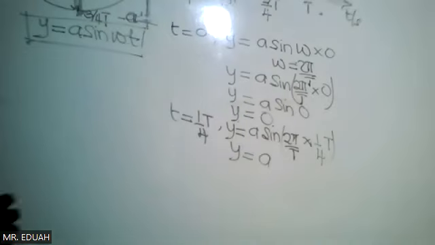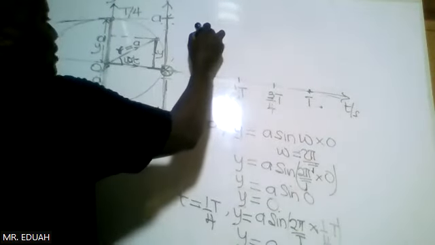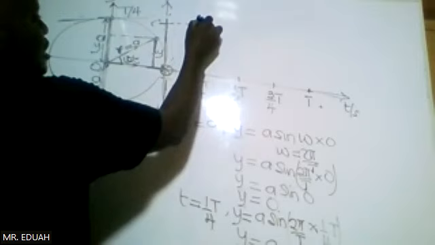Calculate y for me. y is equal to A. So at t equal to a quarter of the period, the displacement is equal to A. So you link the time to the graph, y equal to A is here. So this is it. Then you plot.